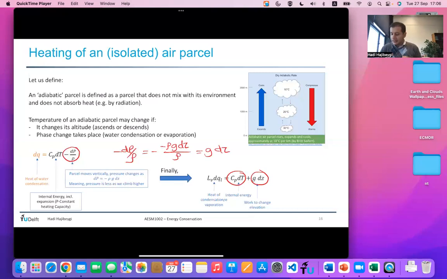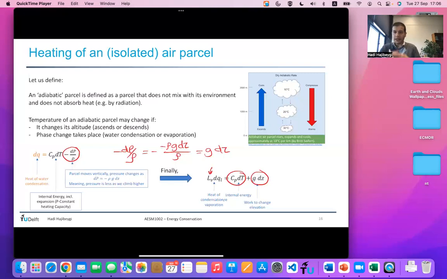And now imagine condensation takes place. So I have the latent heat for the condensation of 1 kilogram of vapor water to become liquid. And then I have the entire dq_l for the condensation here as well. This multiplication would give me the total heat per mass that is released by condensation.